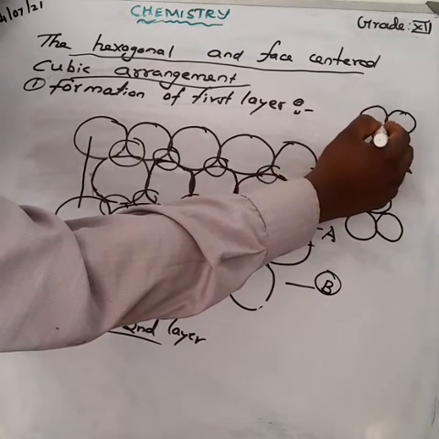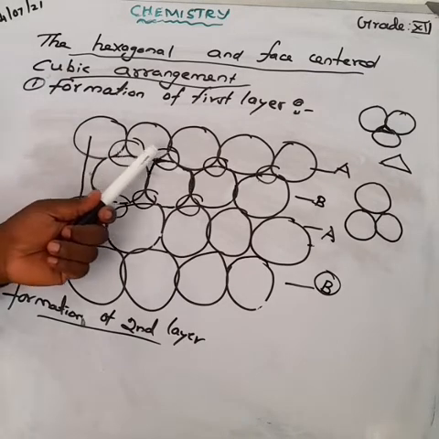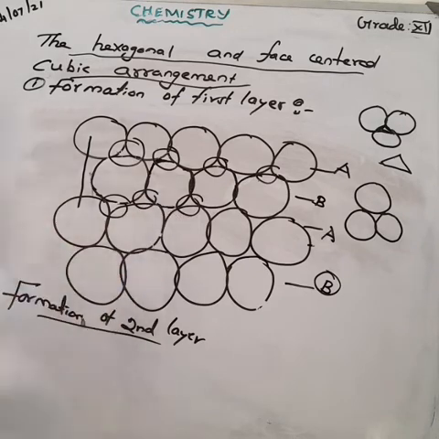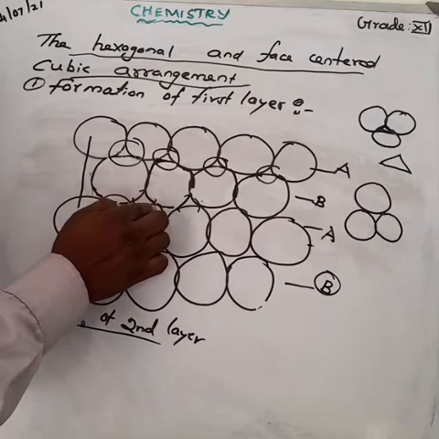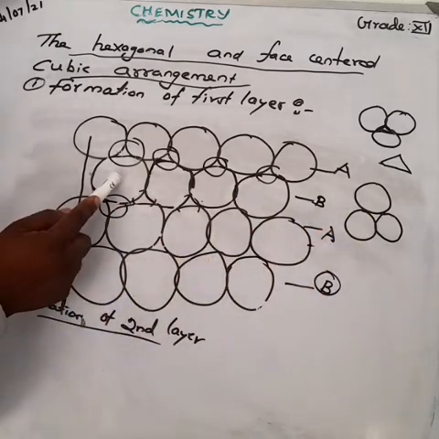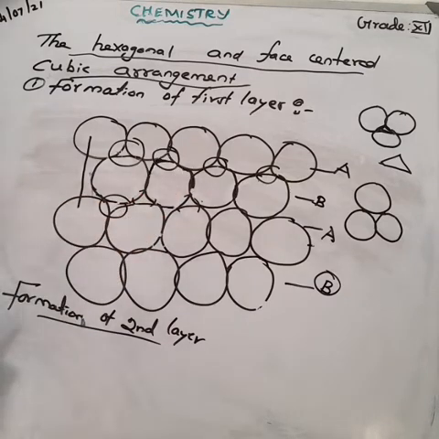Just imagine this is the first row, and this is the second row. Here, the second row fits into the depression of the first row. So here we create one gap. Am I right?